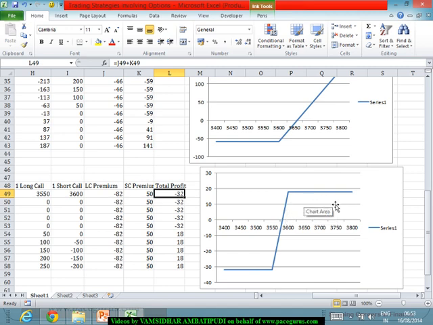So I have sold a call option, but in a typical selling of the call option, the loss is unlimited. To protect myself against that unlimited loss, I have gone for a long call option at a lesser strike price. That is the protection that I am getting. The loss cannot go beyond 32 in any case.